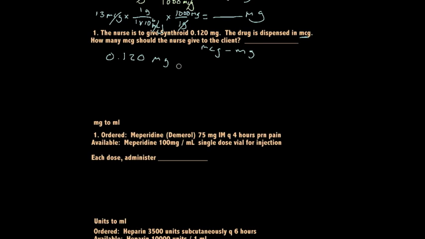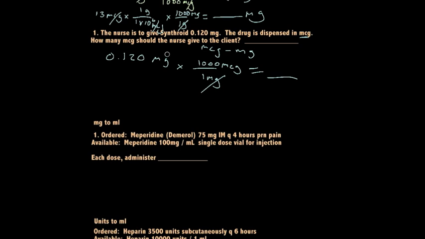Alright, so basically we just set up our dimensional analysis ratio here. I can do 0.120 milligrams times, I know that for every 1 milligram I have 1,000 micrograms, and that's going to equal blank.